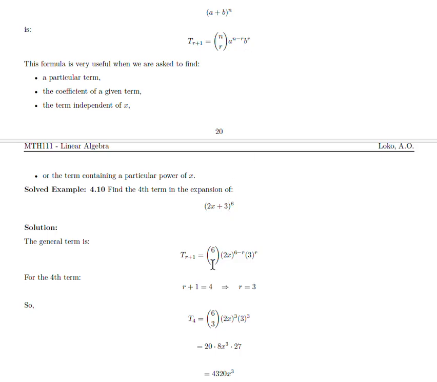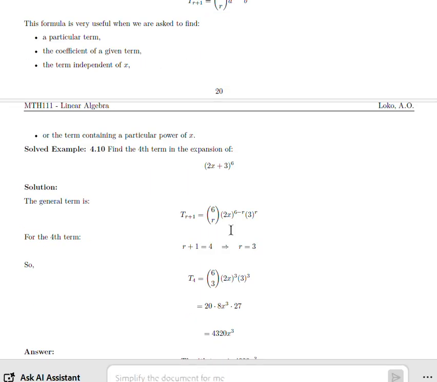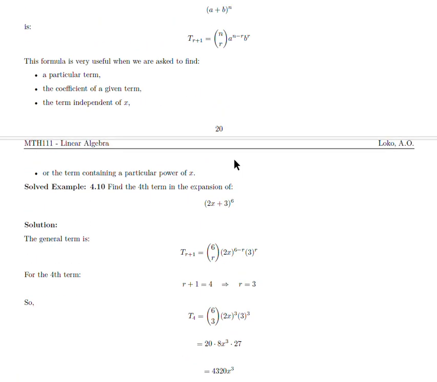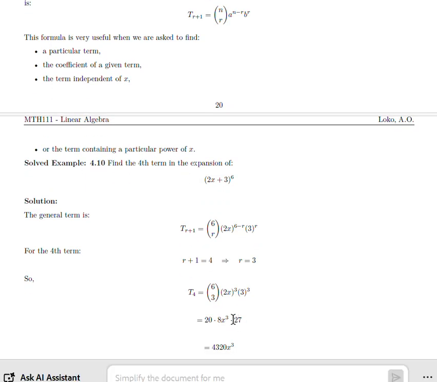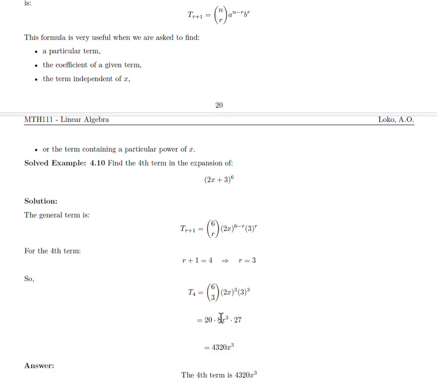So 6 combination 3, and then a raised to power n minus r. Our a in this case is 2x, b is 3. So 6 combination 3 is 2x raised to power 3, since that was 6 minus 3, and our r is 3, times 3 raised to power 3. 3 raised to power 3 is 27. 2 raised to power 3 is 8.